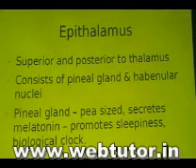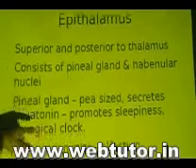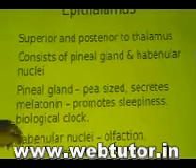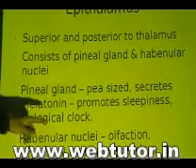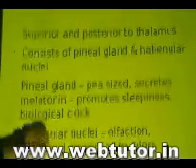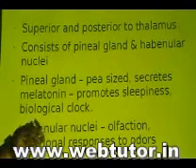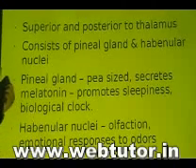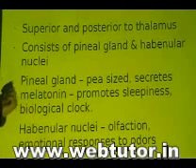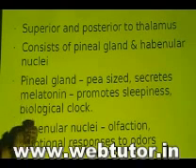Your pineal gland is pea-sized and it secretes the hormone melatonin, which promotes sleepiness and also controls the biological clock. The pineal gland was thought to be vestigial, but now we know it secretes a hormone called melatonin.